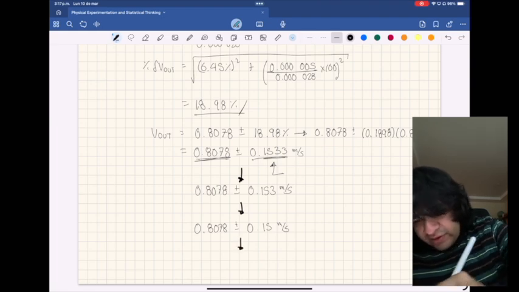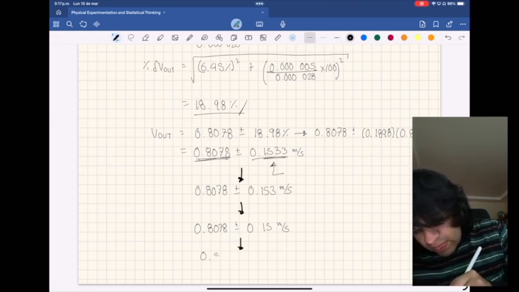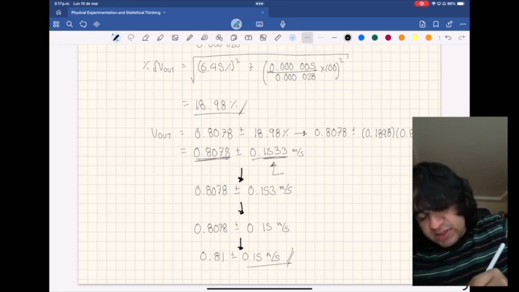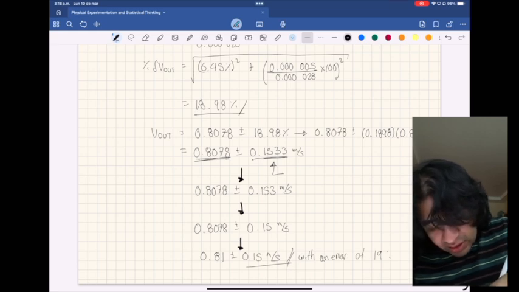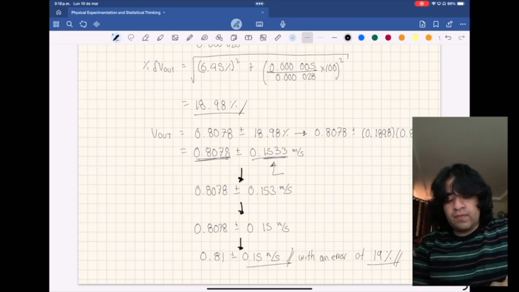Using the same order of magnitude, we obtain 0.81 plus minus 0.15 meters per second. This has an error of 19%.